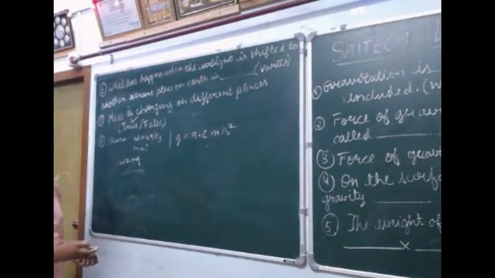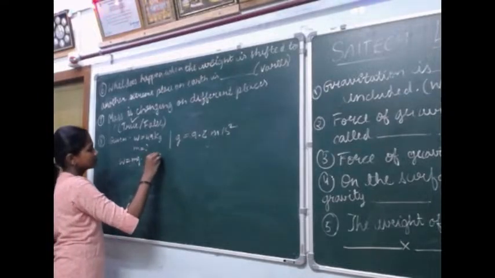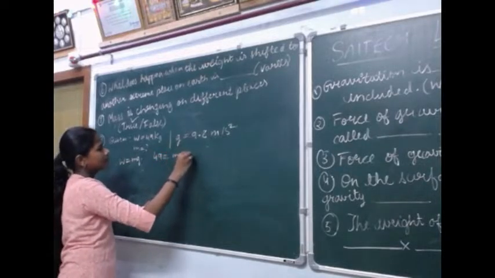And here it is given as kg. Then what about W? W is given as 49. You can mention 49 is equal to m into 9.8. Correct?